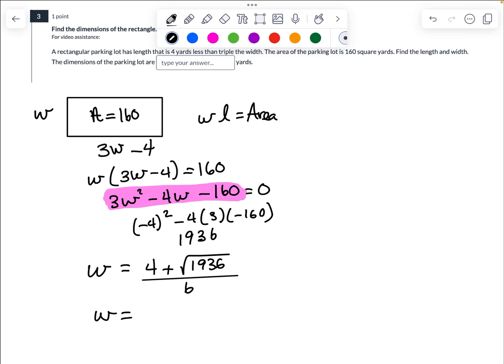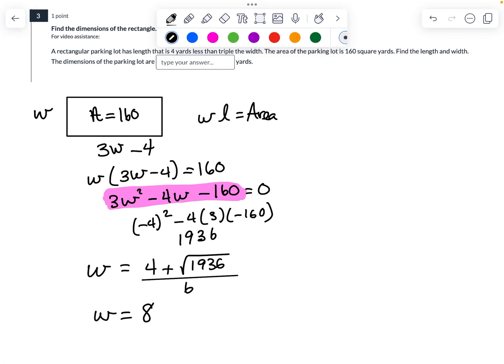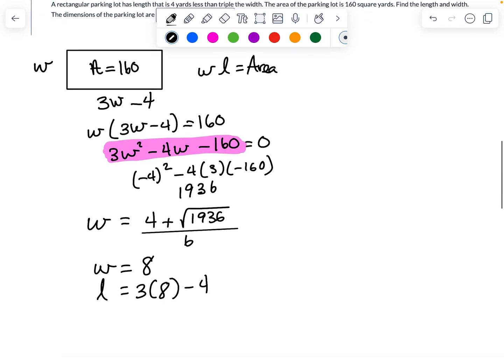So that comes out to be 8. So the width is 8. And the length is 3 times 8 minus 4. So the length is 20. So it is 8 by 20. That's what you put in Canvas.